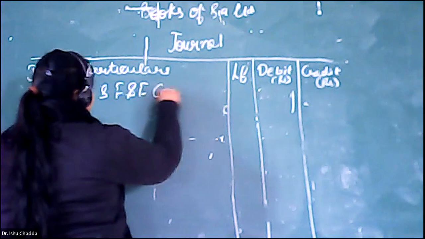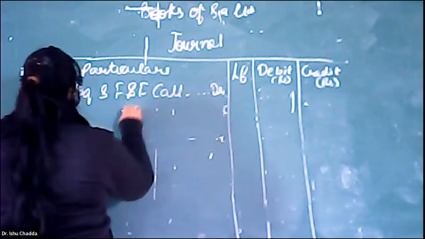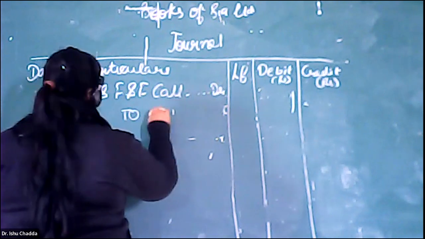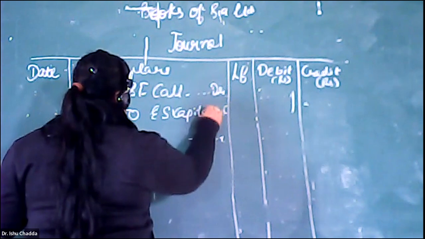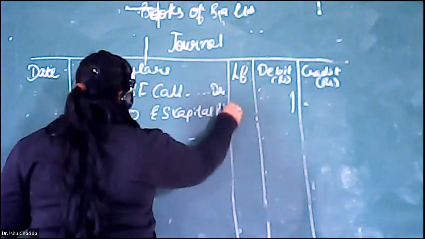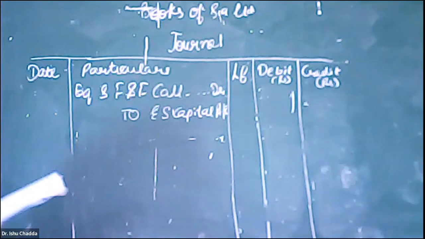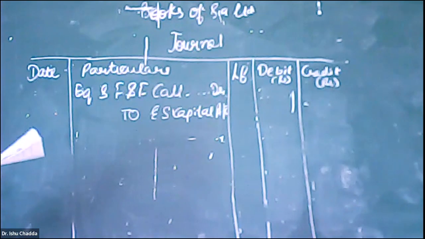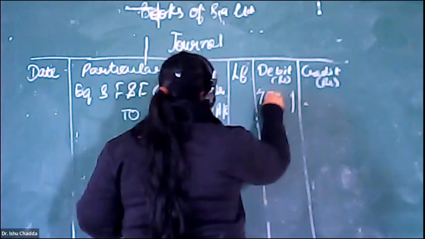Because they have made only one call, it is debited by equity share first and final call. How much money? 10% plus 60% is 70%, so the left would be 30%. So 25,000 into 3, that is 75,000.